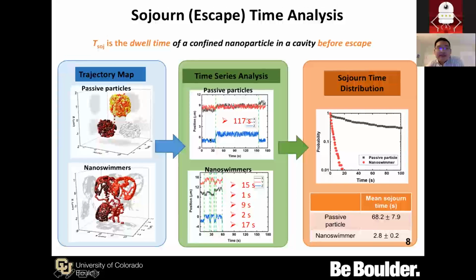A particle confined in the cavity and one that escapes will have significant differences. For example, if we just look at these blue lines, we can see that it suddenly shifts from one stage to another stage. So as long as we can observe this kind of shift using some algorithm, it's very easy to identify the movement inside this porous medium.